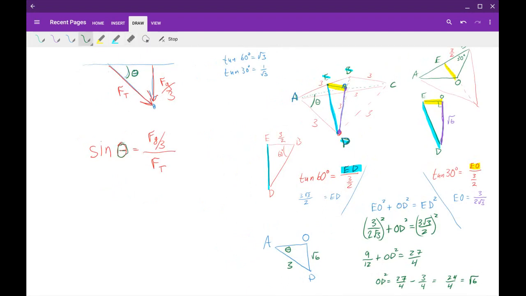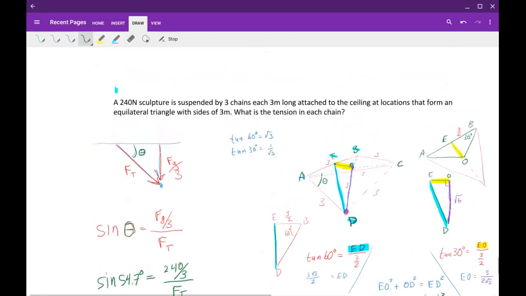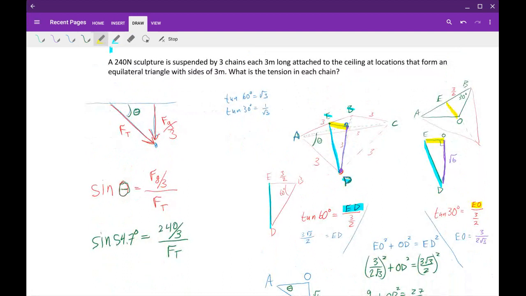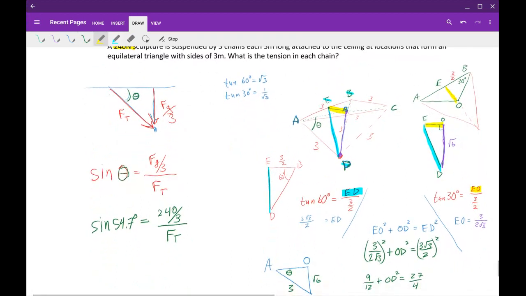So therefore I've got the sine of 54.7 is equal to the force of gravity, which is 240 over 3, over the tension force, right? Force of gravity is 240. And there you go. We solved it.